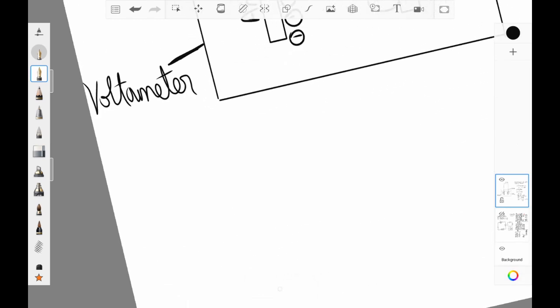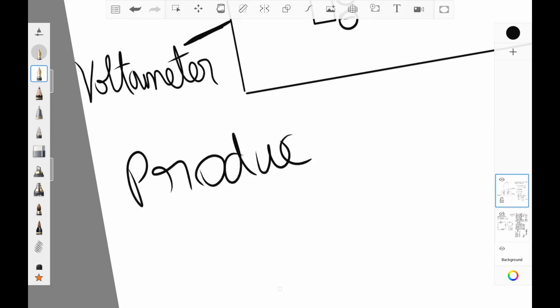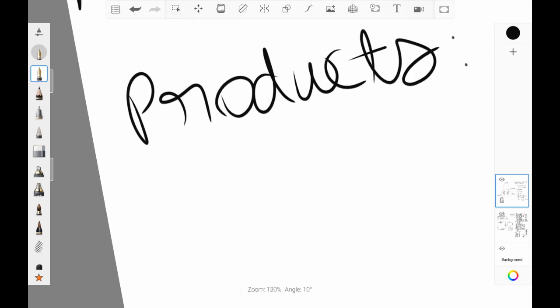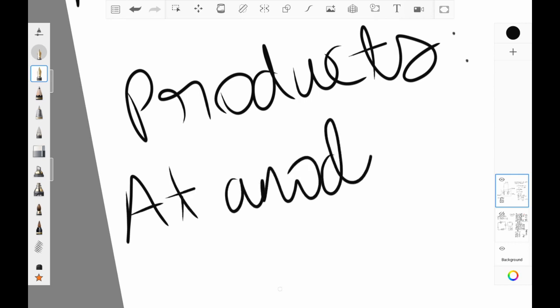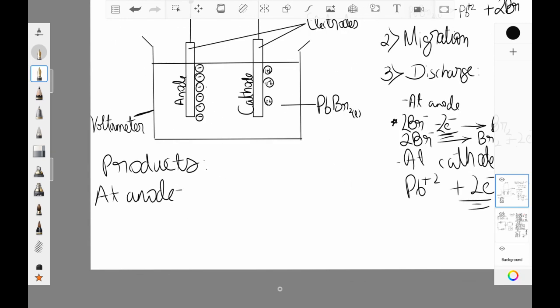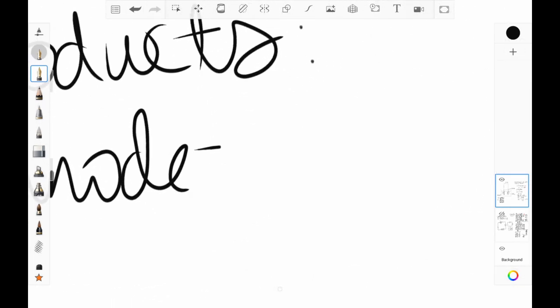Number one, let's talk about the products that are formed. Because remember, once discharge occurs, products are formed. So the products at the anode, the product will be bromine gas, a reddish brown bromine gas.